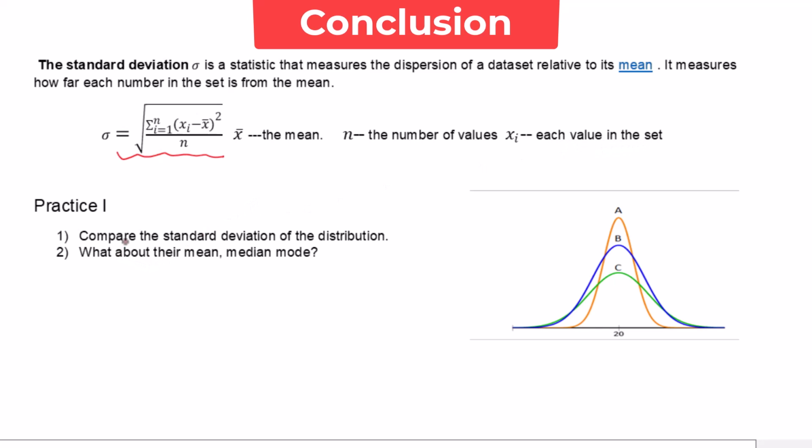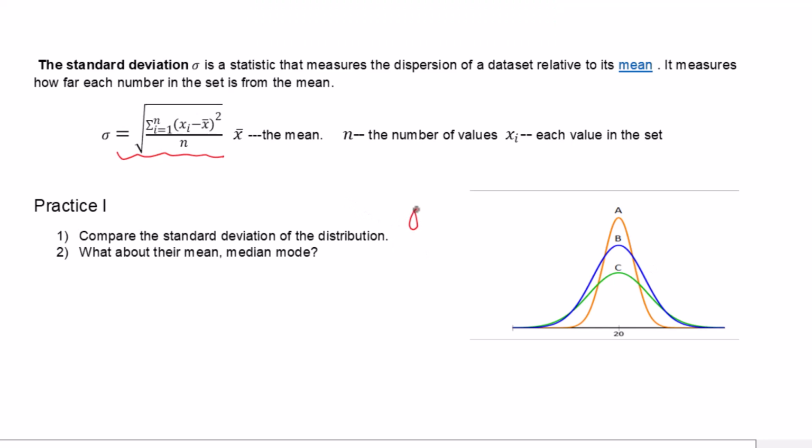Practice 1. Compare the standard deviation of the distribution. Datasets A, B, C. From the graph, we know dataset C spread widest.